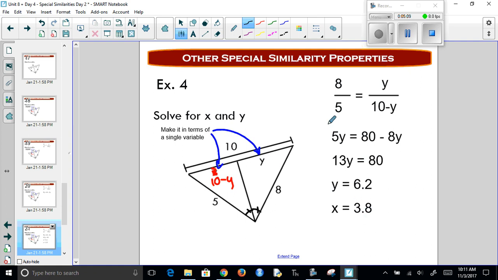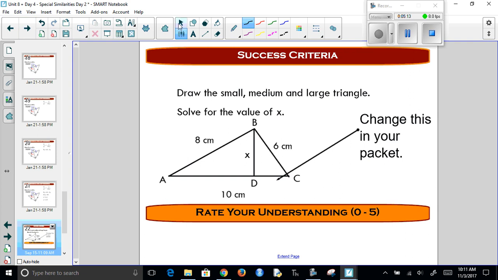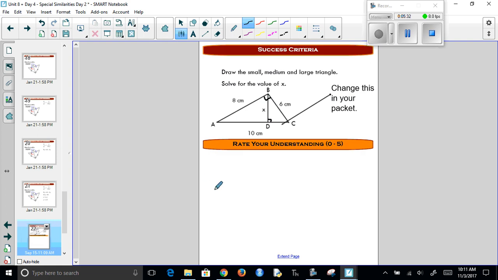All right, one last problem, and this is the one I told you about in the beginning. If we have this situation, and we know these are all right triangles, and I should have marked these with right angles, we want to find the value of x. To do so, it helps to draw out these triangles.